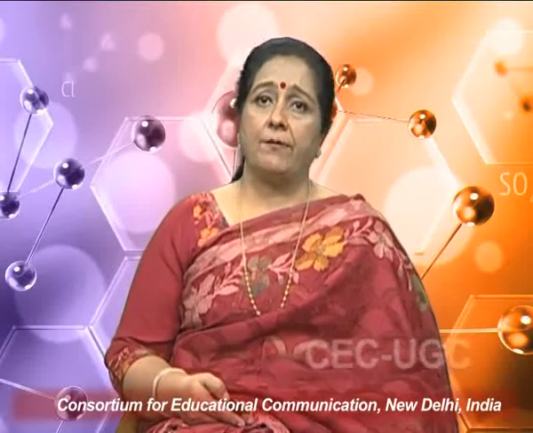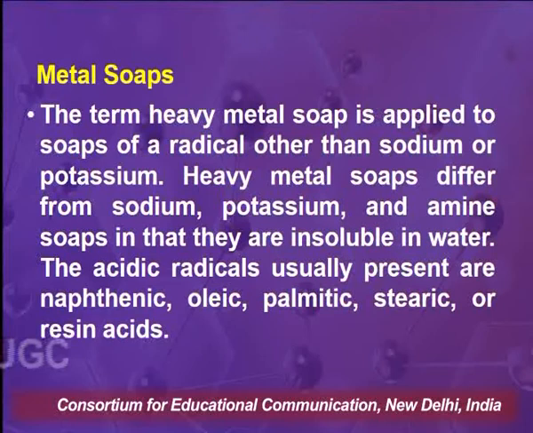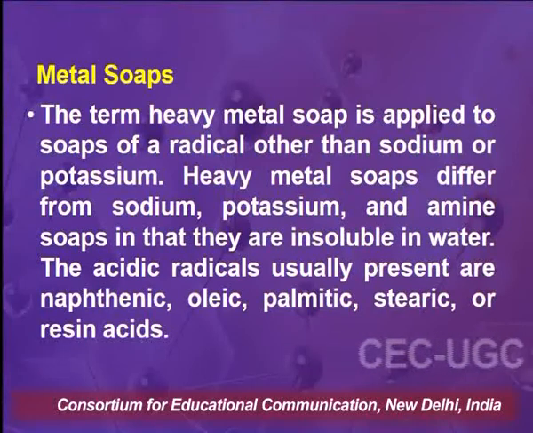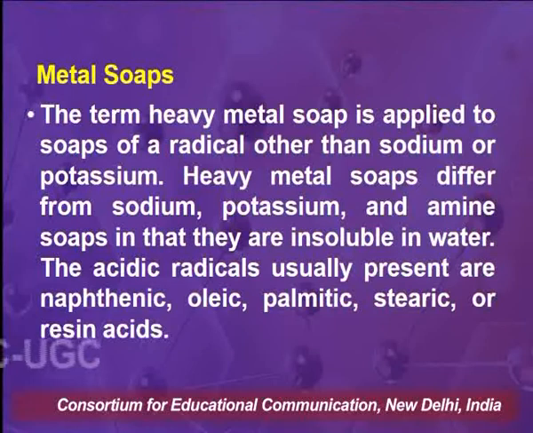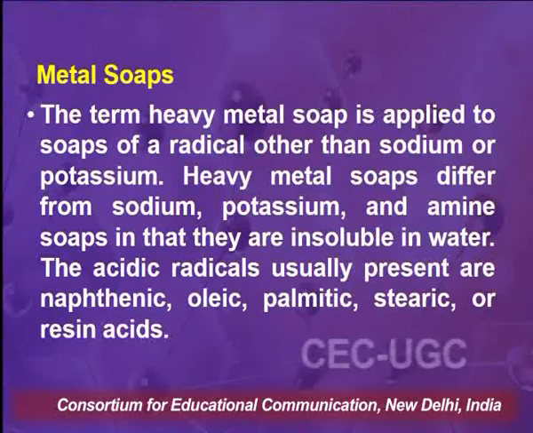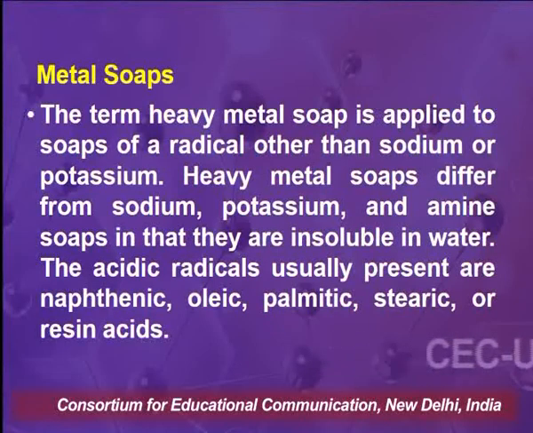The term heavy metal soap is applied to soaps of a radical other than sodium or potassium. Heavy metal soaps differ from sodium, potassium and amine soaps in that they are insoluble in water. The acidic radicals usually present are naphthenic, oleic, palmitic, stearic or resin acids.